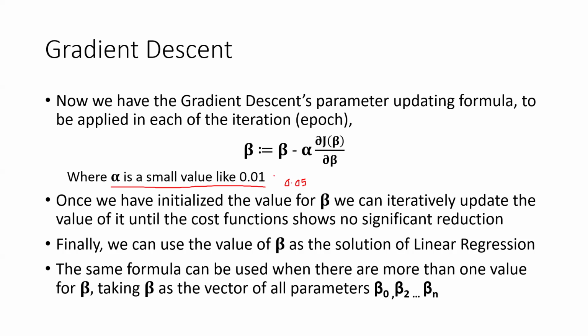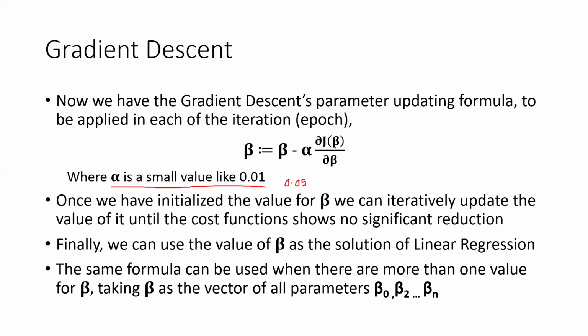When you are optimizing the models further and further, you can use better values for alpha. You can try several values for alpha and find which is the best. If you are not getting good results, you can check different values for alpha. Those are known as hyperparameters. Alpha, the learning rate, is a hyperparameter, whereas beta are parameters.